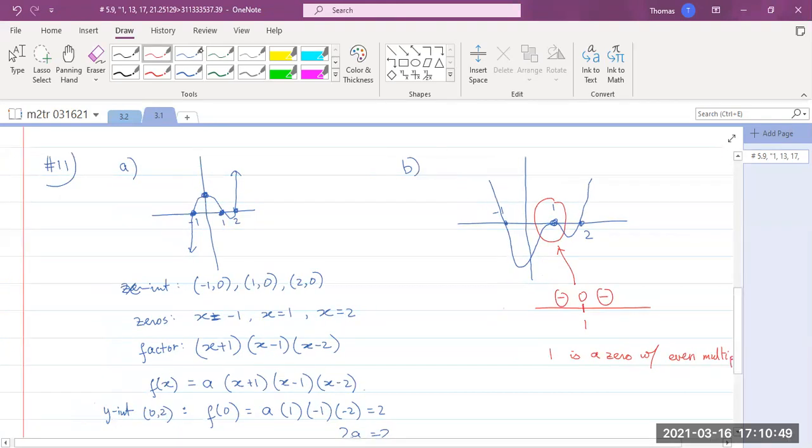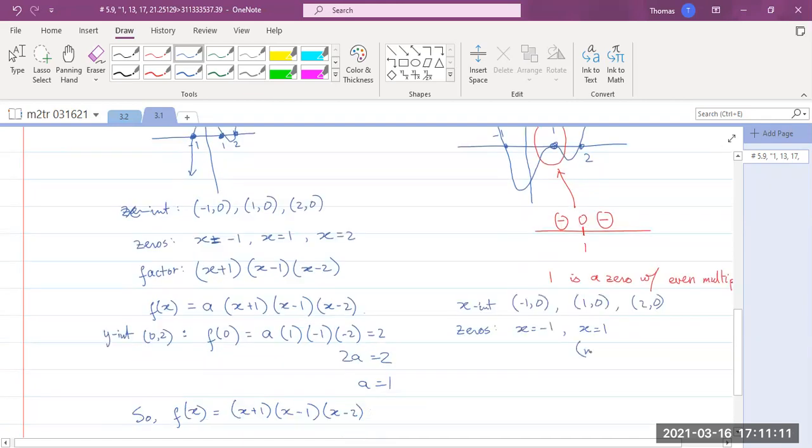From the x-intercepts, we see that the x-intercepts are (-1, 0), (1, 0), (2, 0), which means the zeros are x equals -1, x equals 1 with even multiplicity, and x equals 2. So the factors are x plus 1, x minus 1 to an even exponent, and x minus 2.